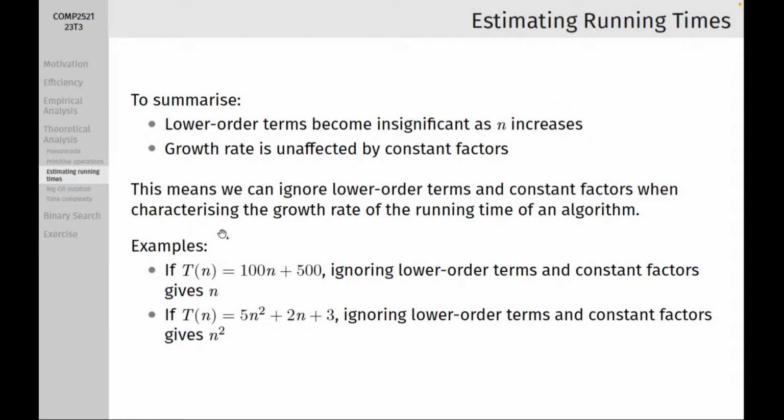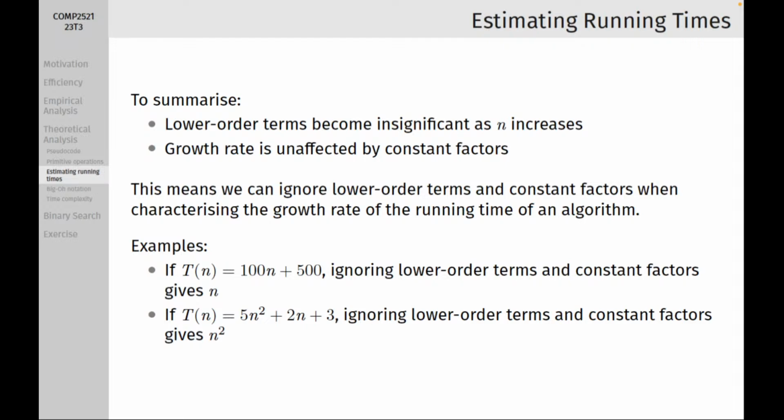Some more examples here. If T(n) is 100n plus 500, so these are pretty big numbers, we can still ditch them. We can ignore the 500 because it's a lower order term, and we can ignore the 100, and that gives n. And n is a nice and simple expression, which tells us immediately that the algorithm is linear.